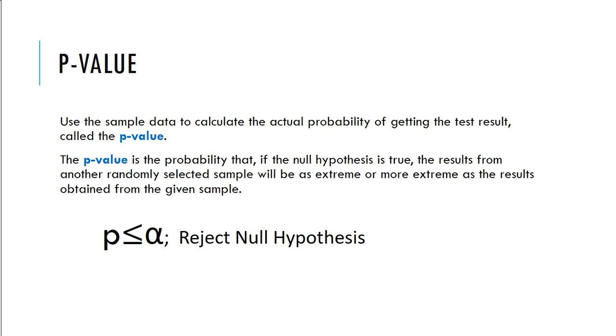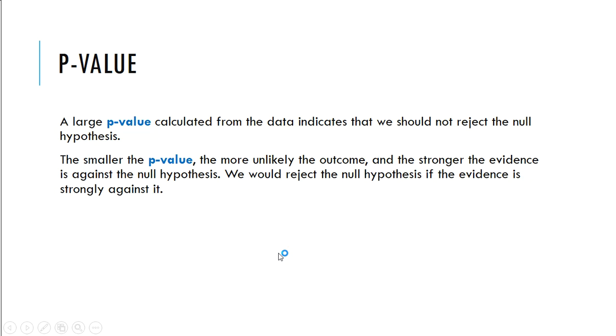The way I remember this is kind of crazy, but it might help you. People eat fish from the river Nile. That's a way to quickly think about it. A large p-value calculated from the data indicates that we should not reject the null, which means our null is good.